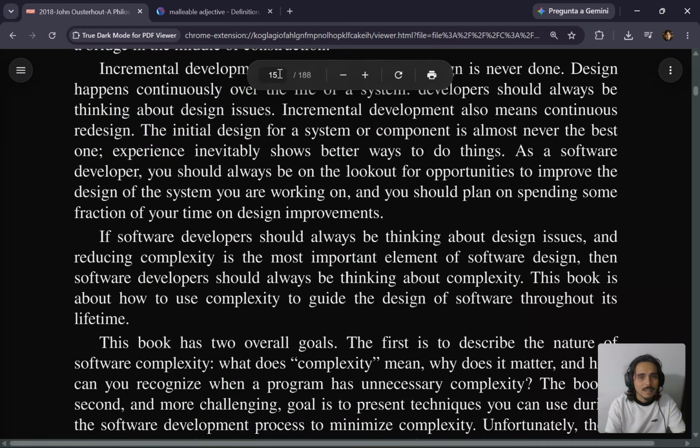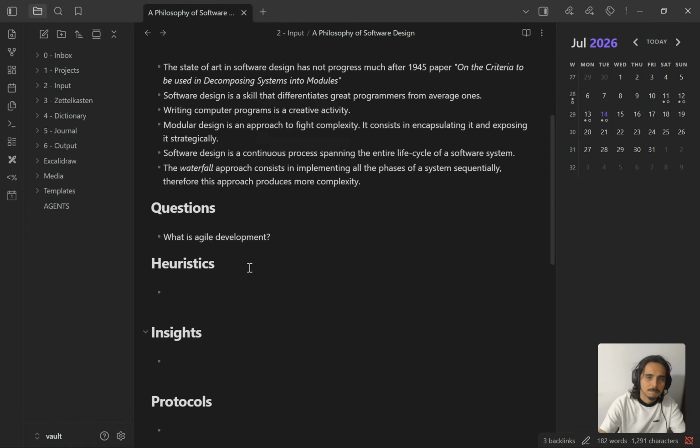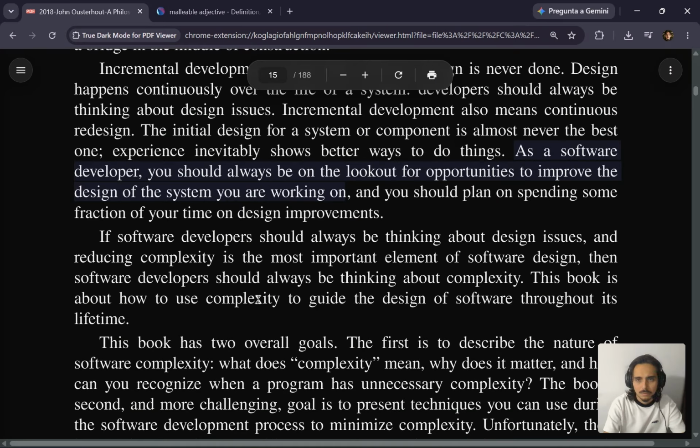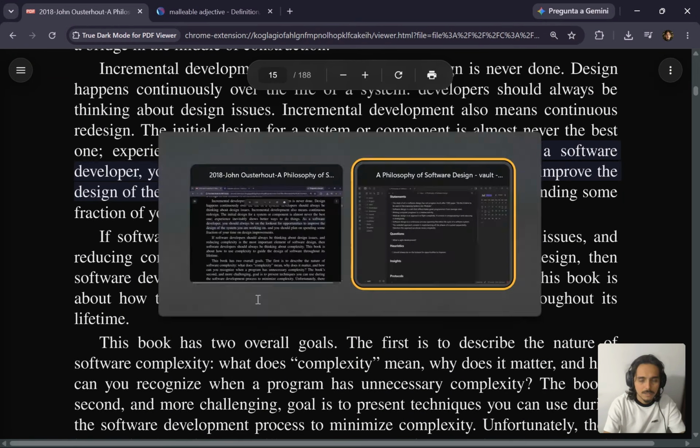So I want to remember this whenever I am designing a software component or software system, that I need to be on the lookout for opportunities to improve the design of a system.